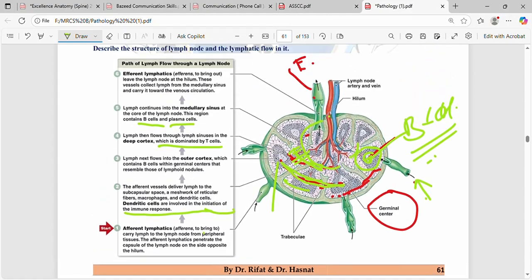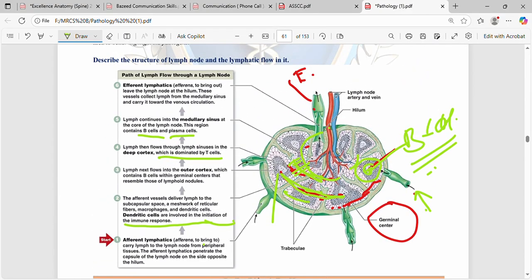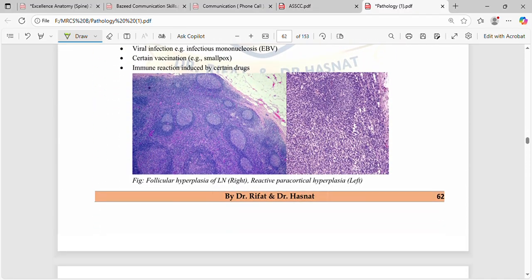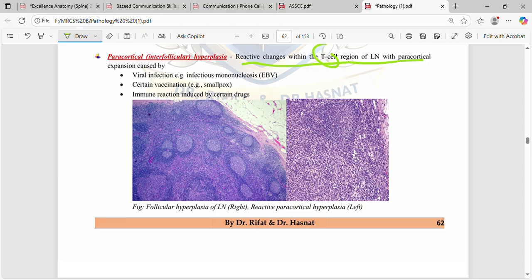So hyperplasia of this region will be in viral infections, infectious mononucleosis from Epstein-Barr virus, certain vaccinations, smallpox, and immune reactions induced by certain drugs. So such lymph node enlargement will be due to paracortical hyperplasia in these cases.